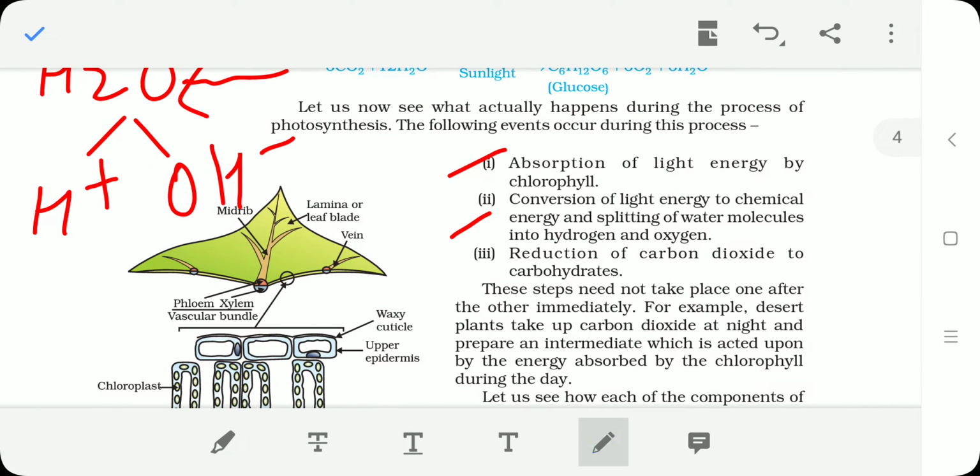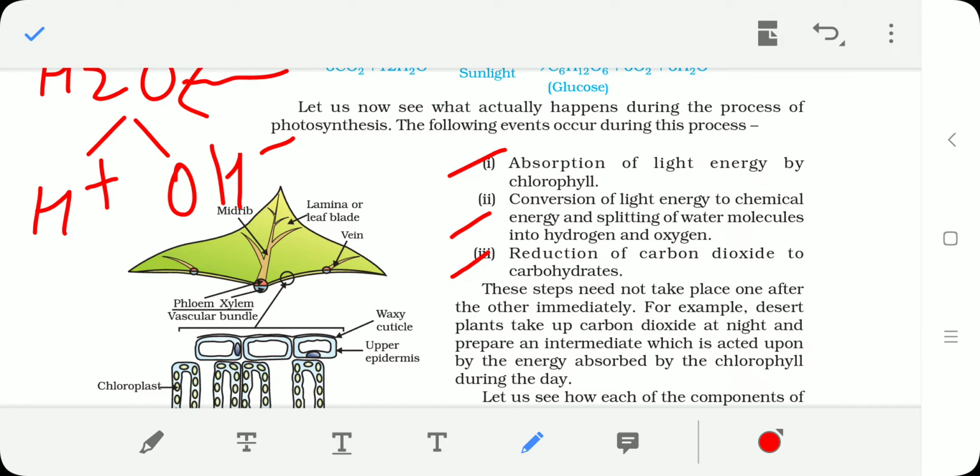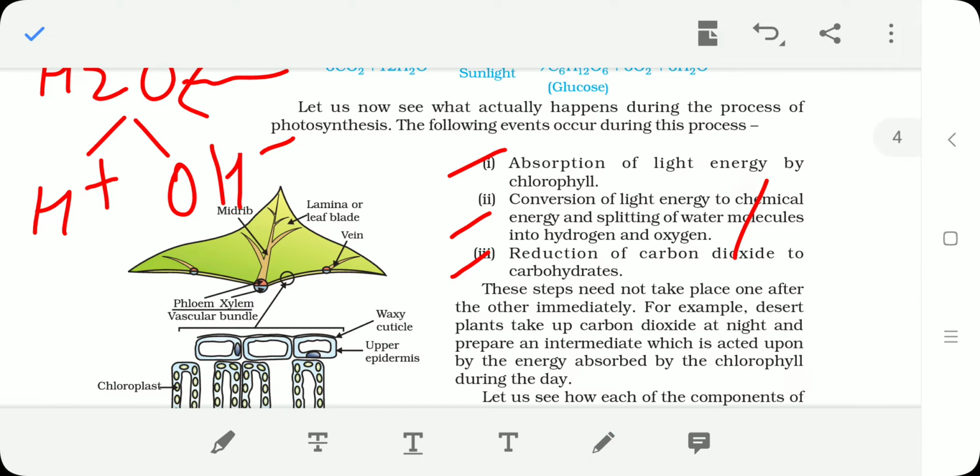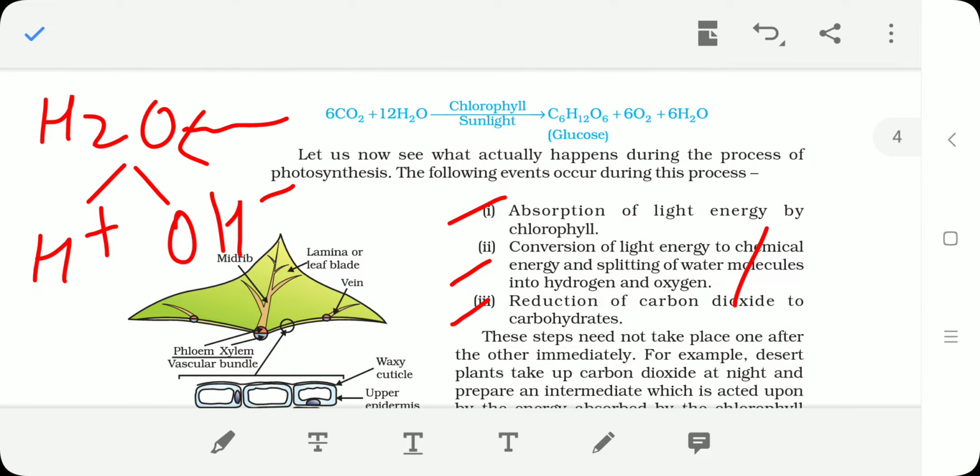The next and last step is reduction of carbon dioxide to carbohydrates. Oxygen is released and the H plus ion is free. Here you saw that H2O was split, and what will happen with CO2? This CO2 is reduced.